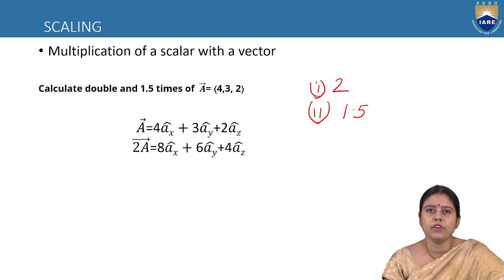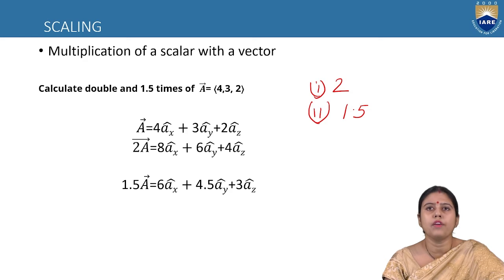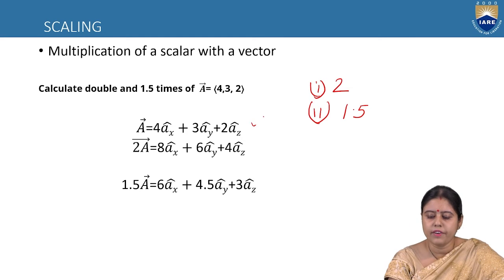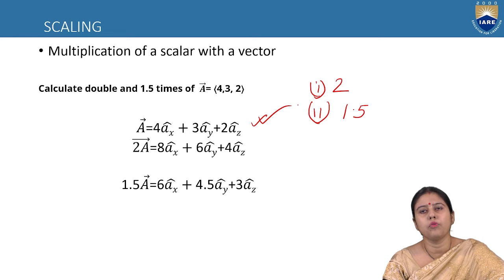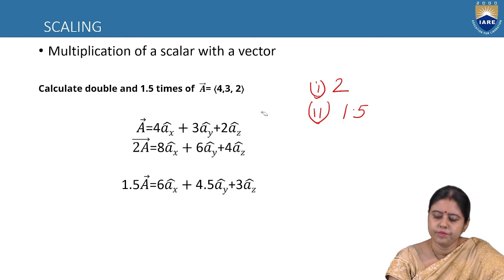If we want to calculate 2a, 4 will be multiplied by 2 means 8, 3 multiplied by 2 means 6, and 2 multiplied by 2 means 4. Similarly, for 1.5 times, 4 multiplied by 1.5 means 6, 3 multiplied with 1.5 means 4.5 and 2 multiplied with 1.5 means 3.